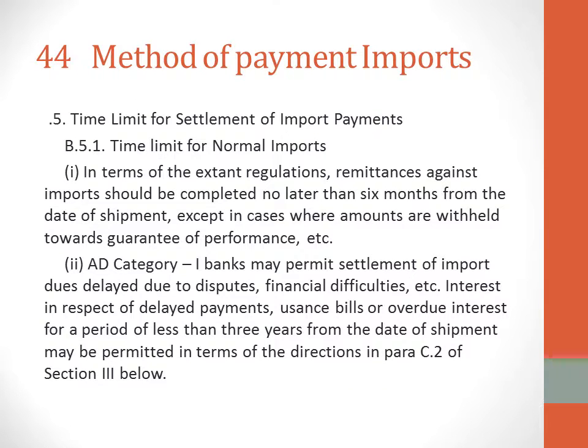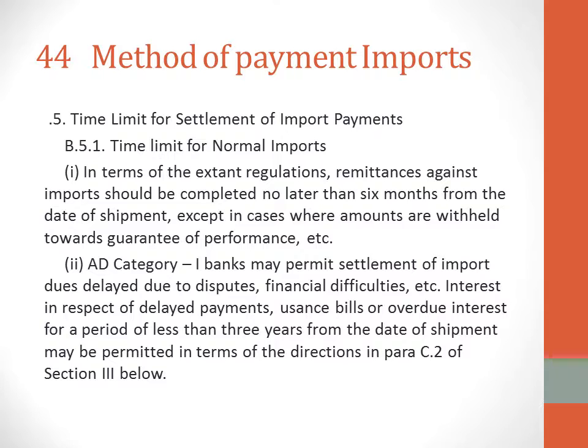Time limit for settlement of import payment. For normal imports, in terms of extant regulations, remittances against imports should be completed not later than 6 months from the date of shipment, except in cases where the amounts are withheld towards guarantee or performance.